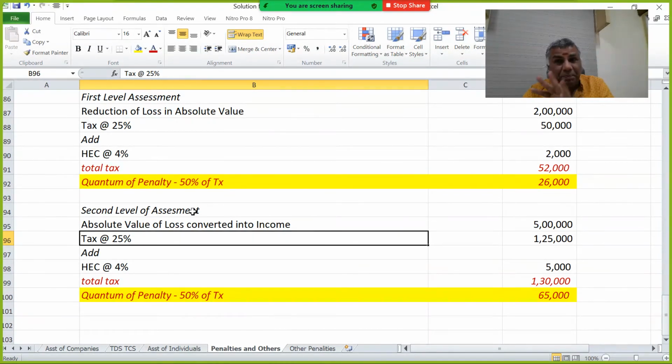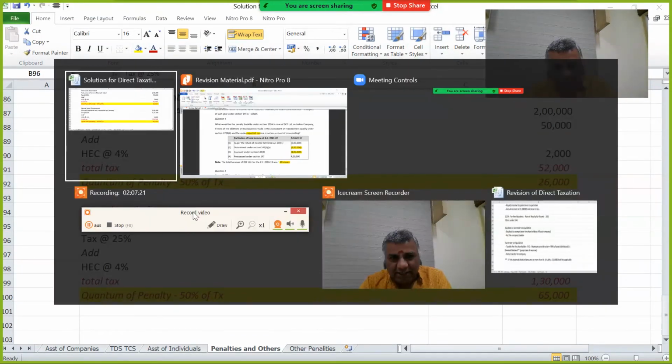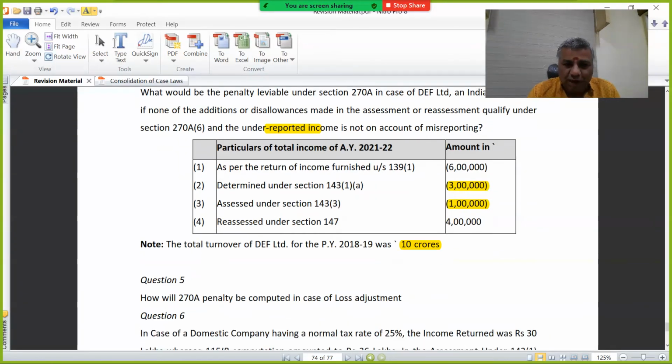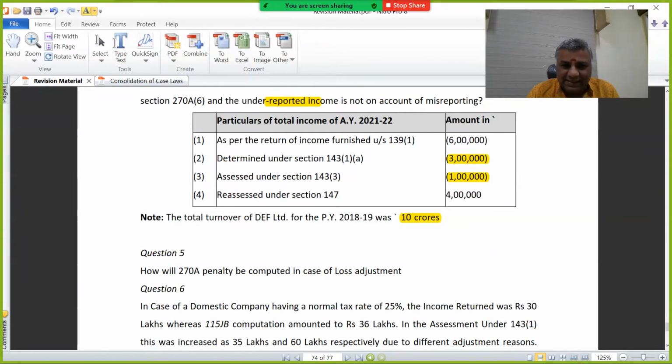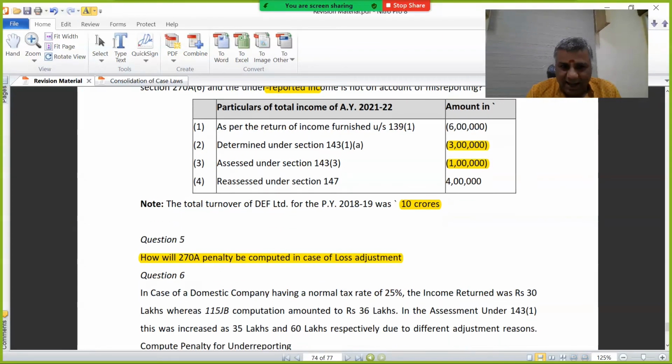But when it comes to penalty computation, they will make you pay the penalty for the entire 5 lakhs. So whenever loss is converted into income or loss is reduced, it is to be computed on absolute value. This is the same question, the theoretical answer, but that is the practical answer.